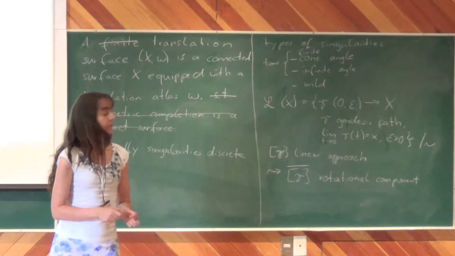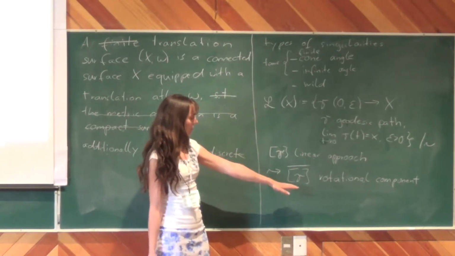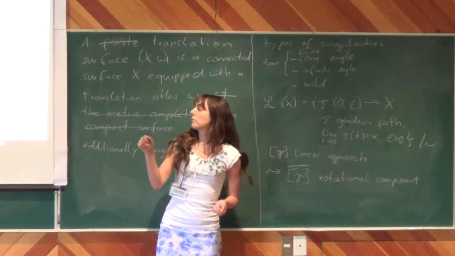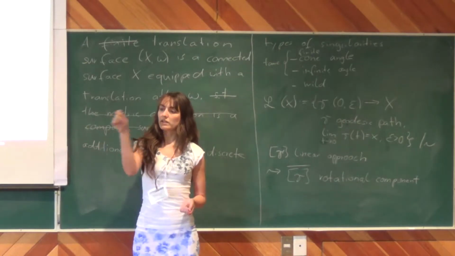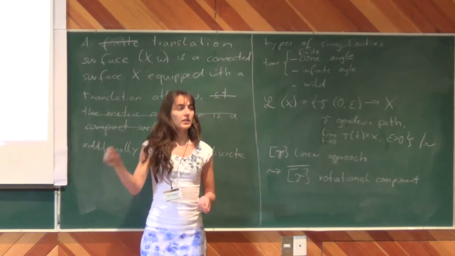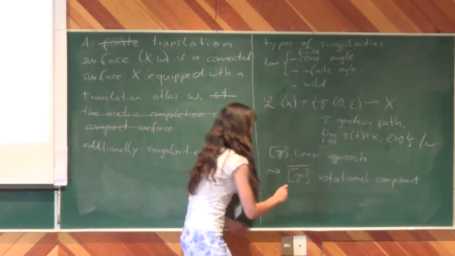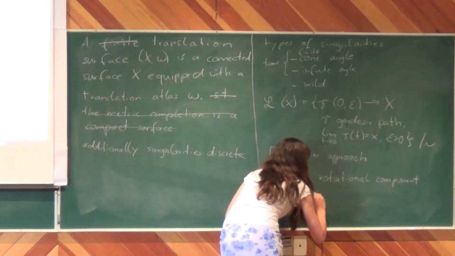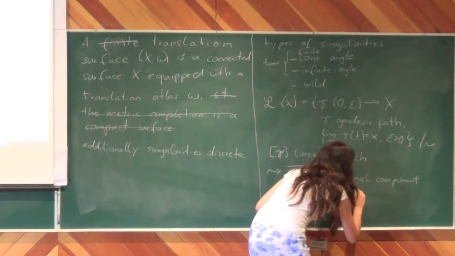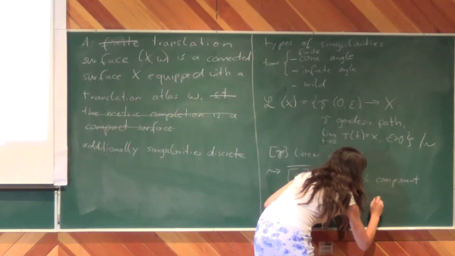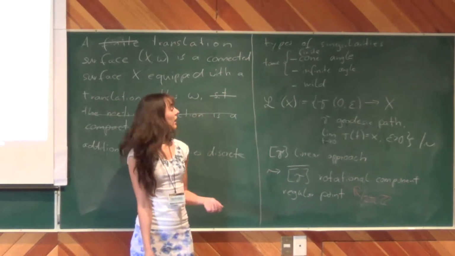What do they look like for regular points? Again, for the rotational components, we have a one-dimensional manifold, and we can measure lengths. So going one time around the singularity or around the point should be 2 pi. And if we look at a regular point, the rotational component just looks like R, but it's the same after going one time around.